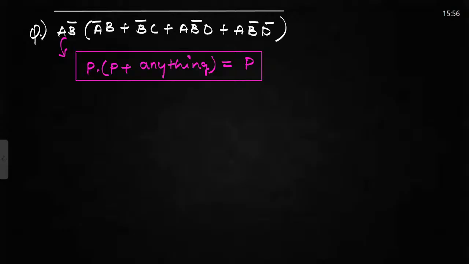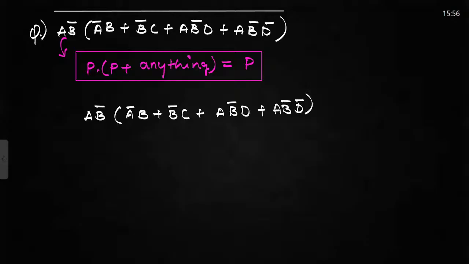First we will keep the whole complement aside, and we will only take the terms in it. Now I will write the terms here, that is A B bar of A bar B plus B bar C plus A B bar D plus A B bar D bar.